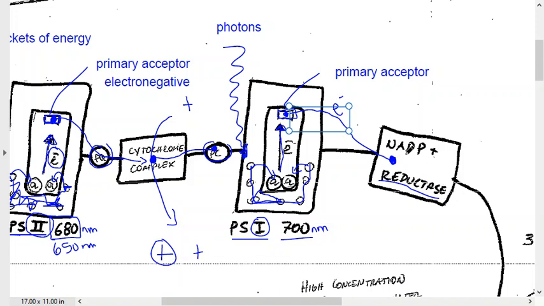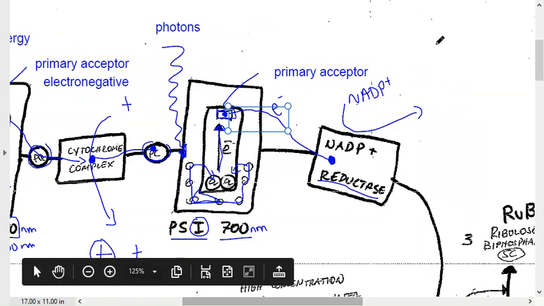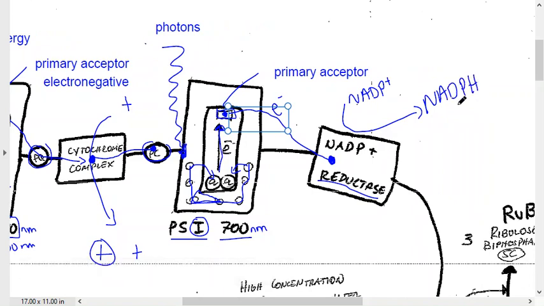It's going to reduce NADP+. So NADP+ swoops in, says, thank you very much for that electron. I am going to reduce into NADPH, and we'll talk about where NADPH goes in the next video.